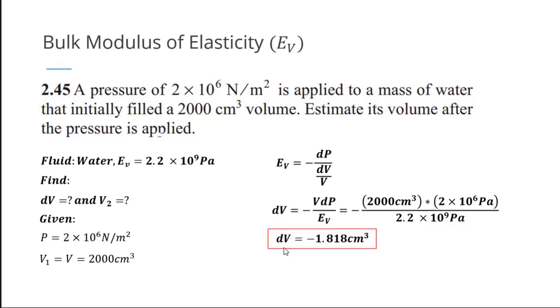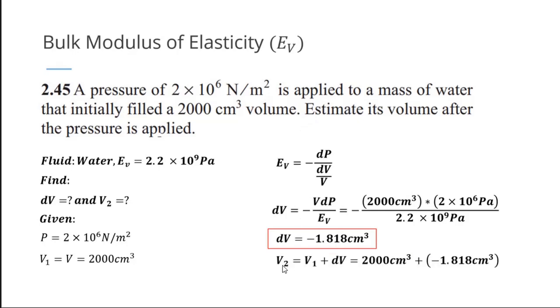Now we get the differential volume, which is negative 1.818 cubic centimeter. Okay, so as you can see, since we increased the pressure, the volume decreased. So it contracts, proving that it is inversely proportional to the volume.